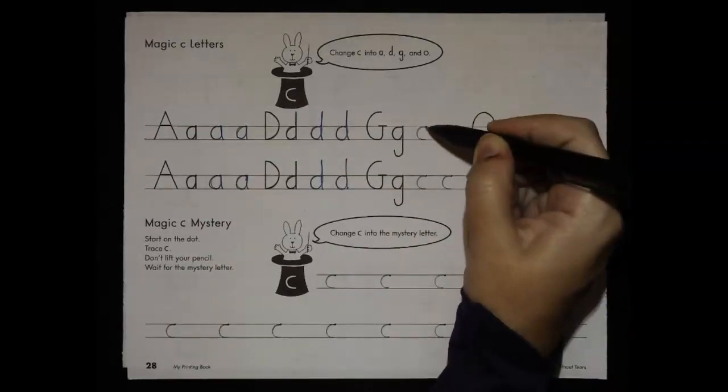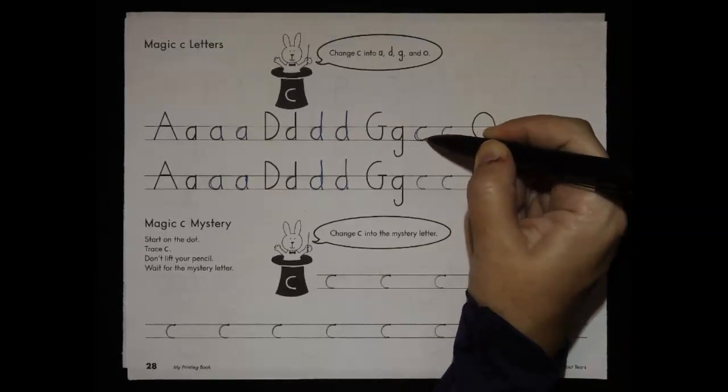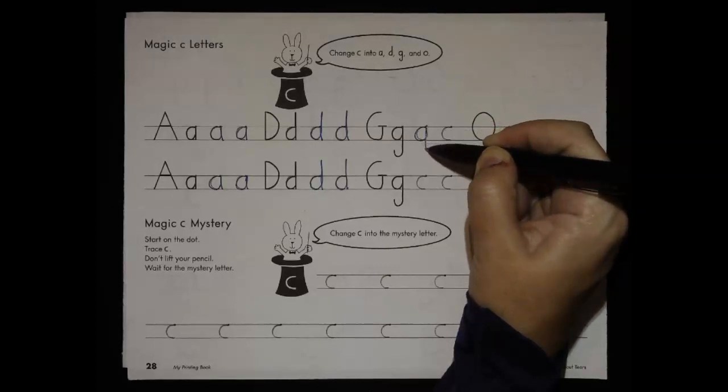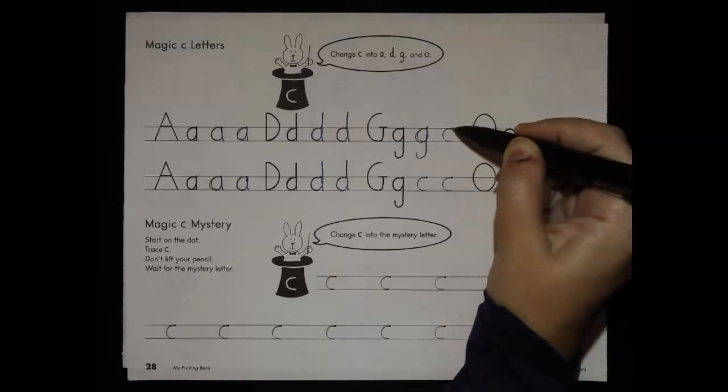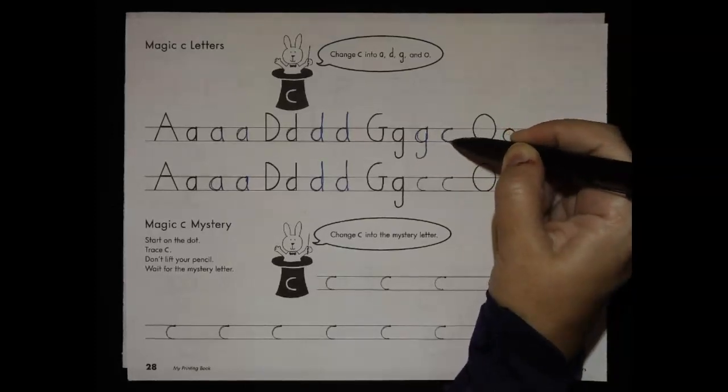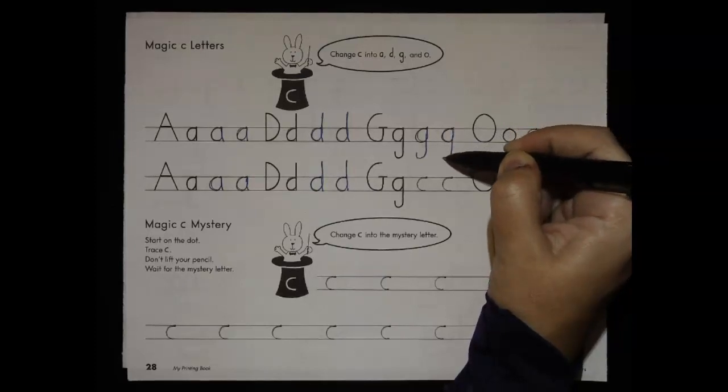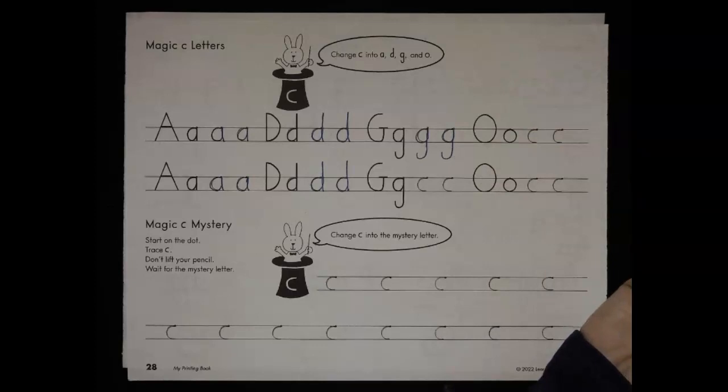Good. And let's make a G. All of these are lowercase that we're working on. We'll start with our C, bump up to the middle, straight down and make a tail, curve around. Good. Let's do another one. Start with your C, bump up to the middle, straight down, make a tail, curve around.